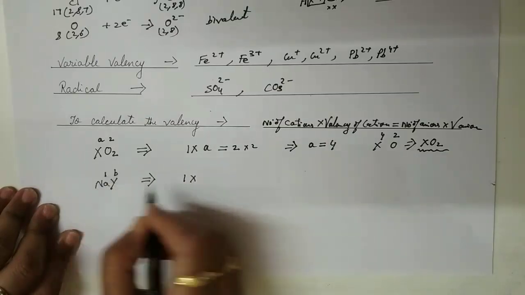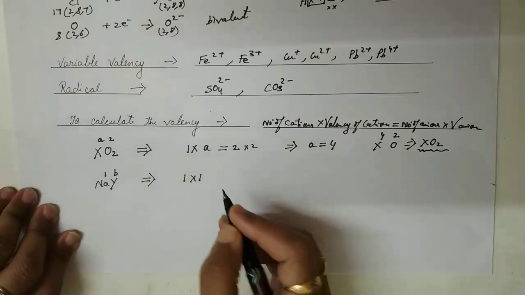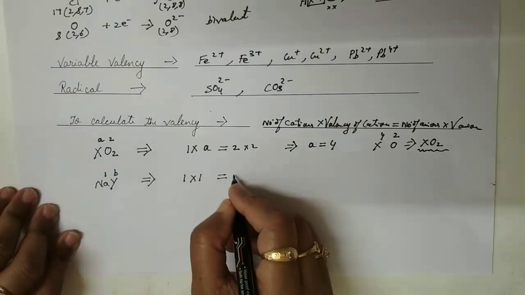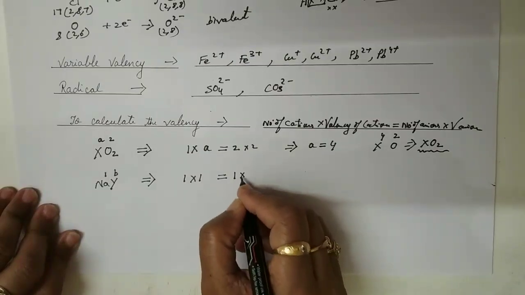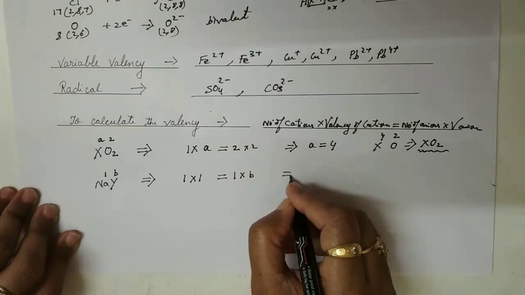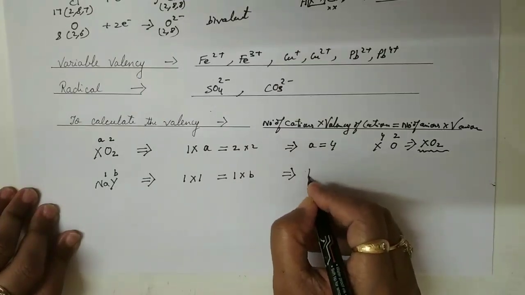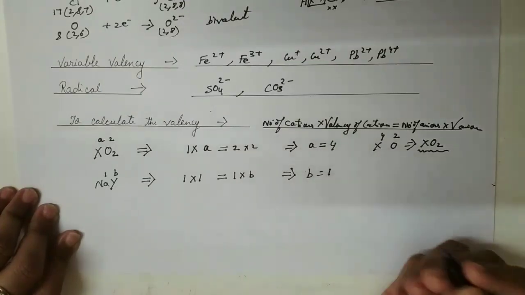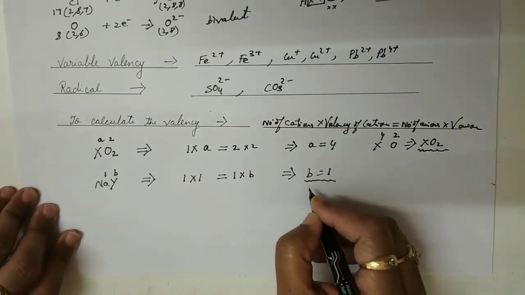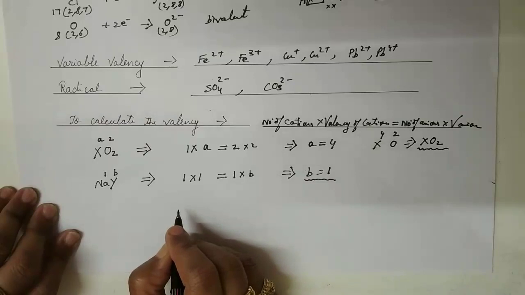What is the valency of the cation? 1. Okay. How many anions do I have? 1. What is the valency of the anion? Unknown. I have taken it as B, implies B is 1. I'm sure this example made it even simpler.